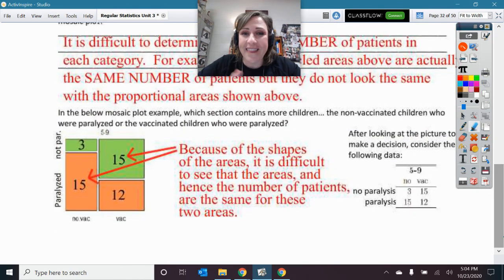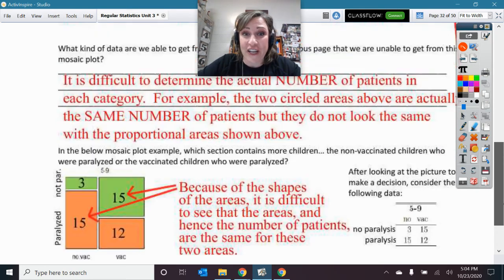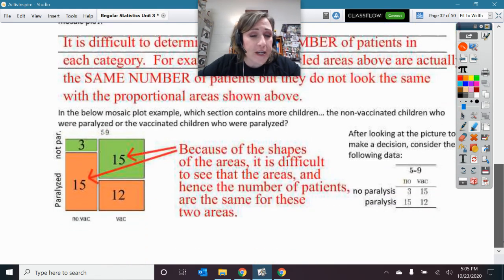All right, this is very interesting here. So if we look at this table in the 5 to 9-year-olds, 15 were vaccinated, no paralysis. 15 were paralyzed, no vaccine. Okay, but anyway, these two numbers were the same. And look at this right here. This is 15, and this is 15. So I don't know exactly how that 15 is broken down.